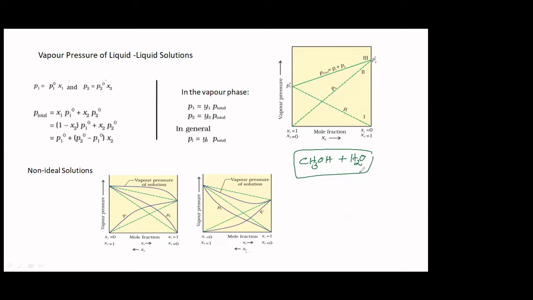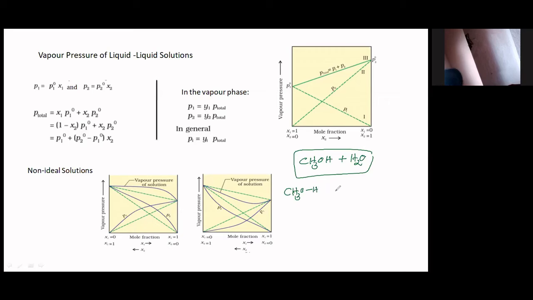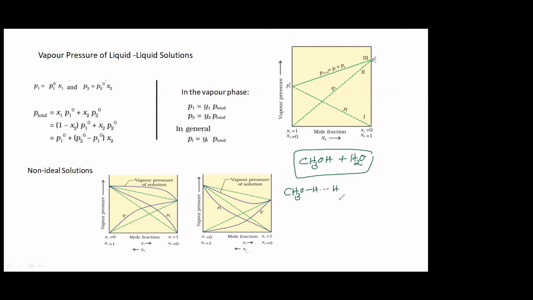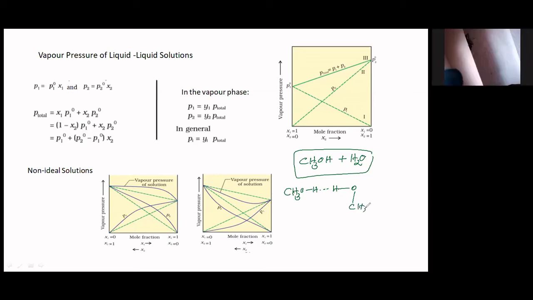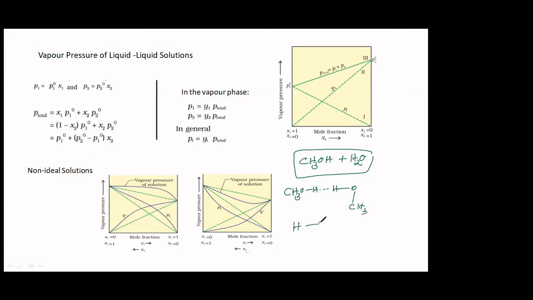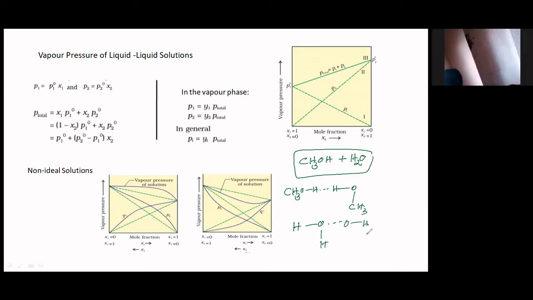That is because in both of them you will see hydrogen bonding. CH3OH will be bonded to other neighboring molecules with hydrogen bonding, and even in water you will see hydrogen bonding.